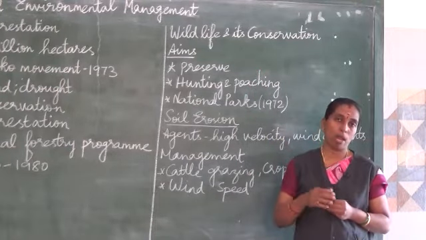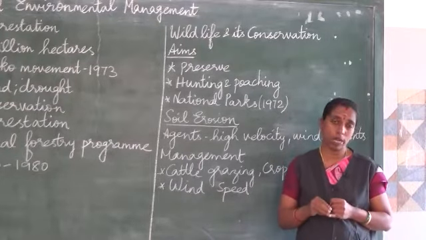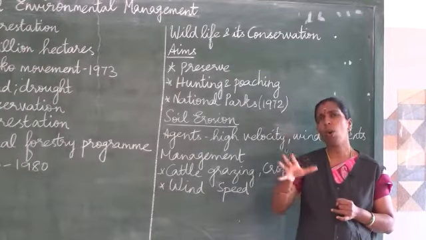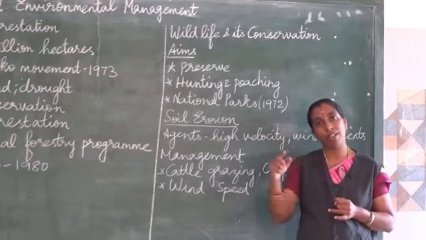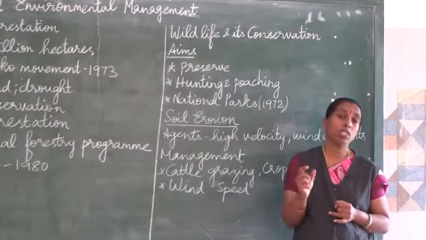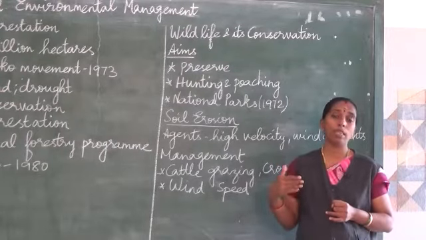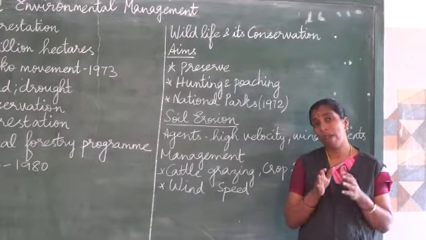It is a rich source of biological diversity and genetic diversity. Each plant and animal varies in structure and form, and even the genes vary. So it's a rich source and it is very important.